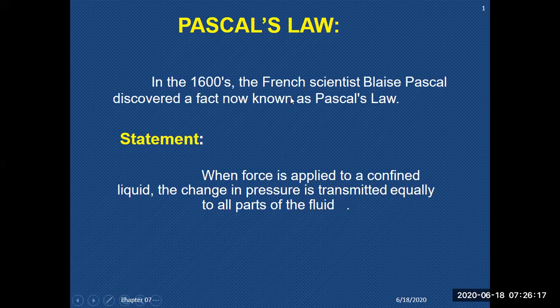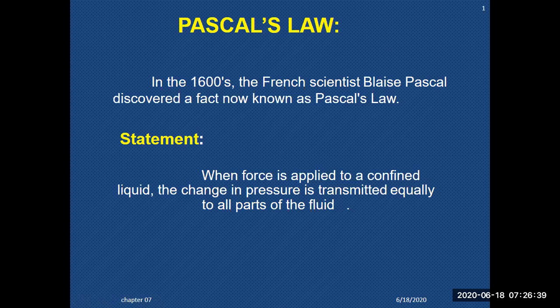In the 16th century, the French scientist Blaise Pascal discovered a fact now known as Pascal's law. On the basis of this principle, there are a number of applications in our daily life, and it has made our life easier. After this law, hydraulic systems in machines came into existence.